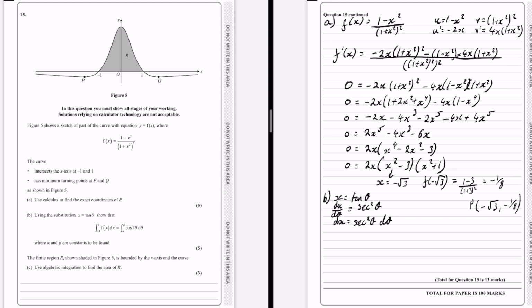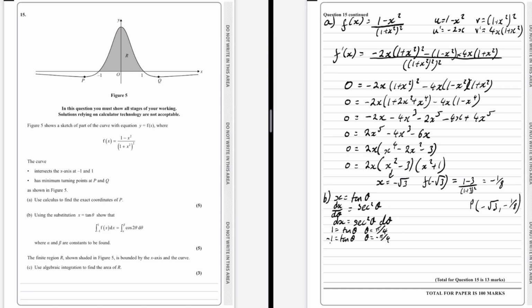And then find out the new values for the integral. So we're integrating originally between -1 and 1. So when 1 is equal to tan theta, theta's pi over 4. When -1 is equal to tan theta, theta's negative pi over 4. So we get our new boundaries for the integral.